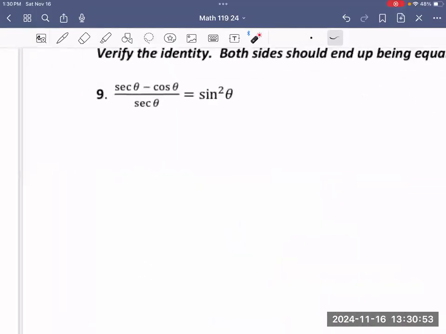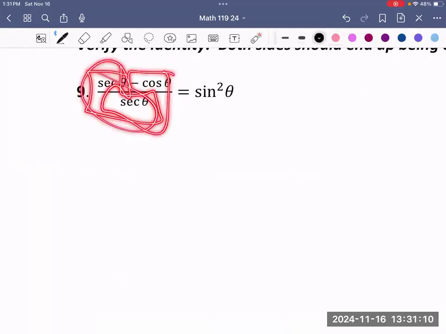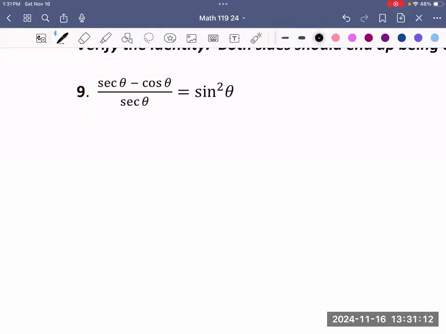Now let's get started. Typically these are simple enough that you don't have to work both sides. When you see something like this, notice that these two won't cancel immediately, but if they did make it into a fraction, one of them is going to simplify very quickly. So let's go ahead and break them up. We have secant of theta over secant of theta minus cosine of theta over secant of theta.